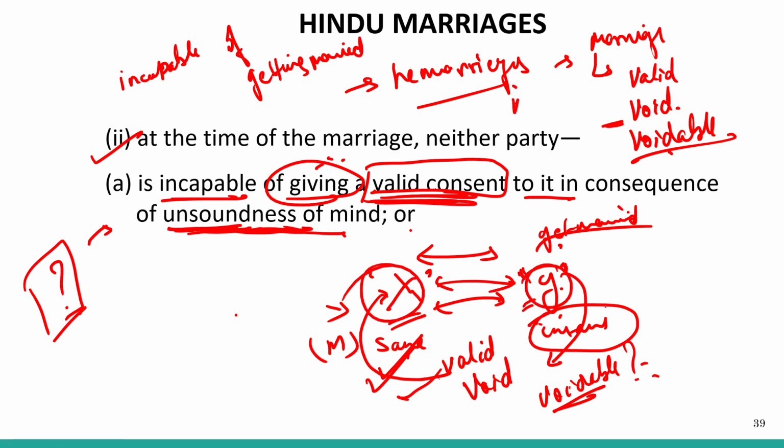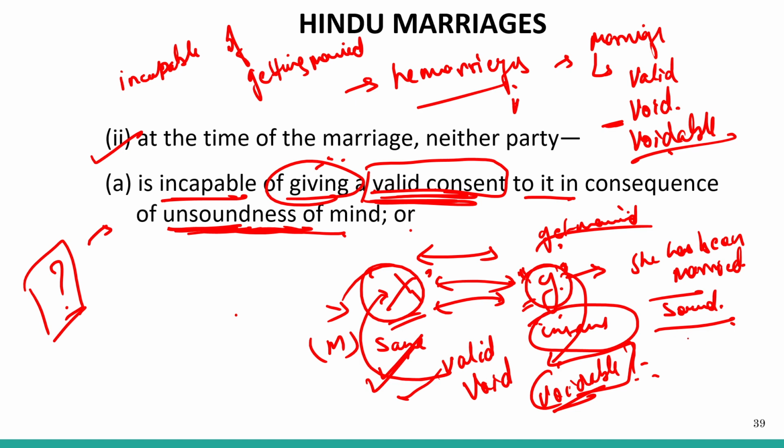The reason is, Y, once she comes to know that she has been married, if she is now not insane and is sound, and she comes to know that this is a marriage she was not supposed to enter, but because of unsoundness of mind she married, then the marriage will be voidable for her. If she wants to continue with this marriage, she can, and the marriage will be considered valid.